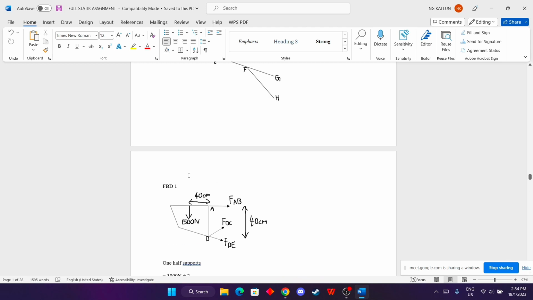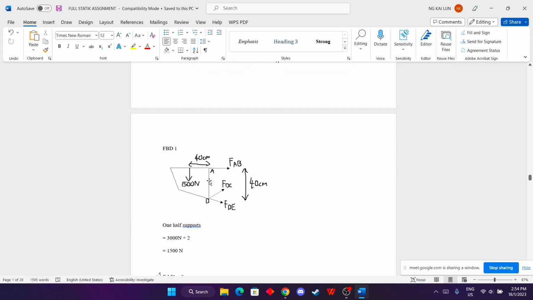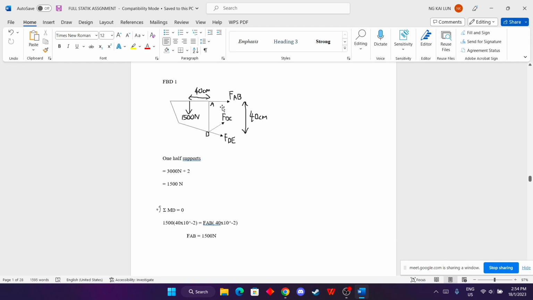So for FBD1, we take the first section, which is the upper one. Here we can find the moment at D. If we find the moment at D, we can eliminate FDC and FDE to find FAB.